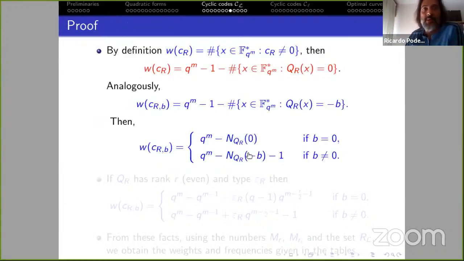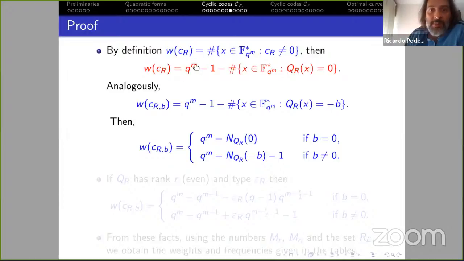A sketch of the proof. Well, the weight is the number of elements such that C_R is not 0. If you recall the definition of the word, which is given in terms of traces, this is this quadratic form, the trace of X R(X).